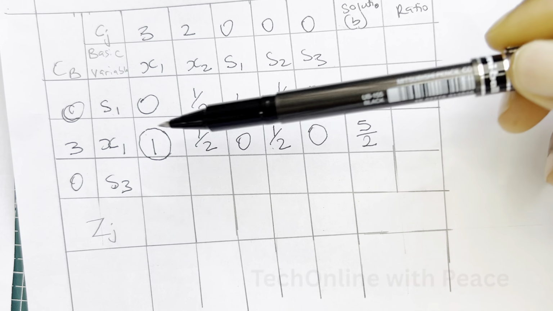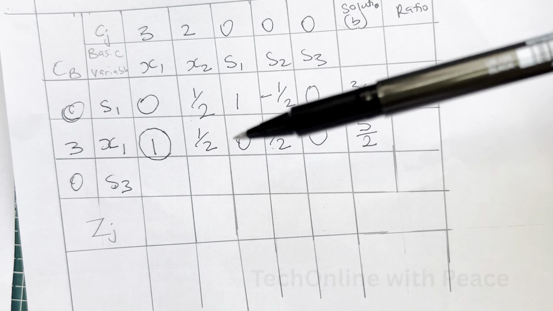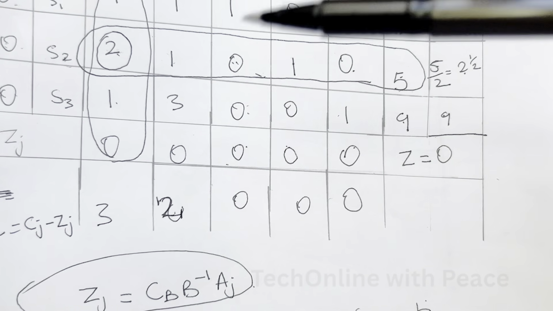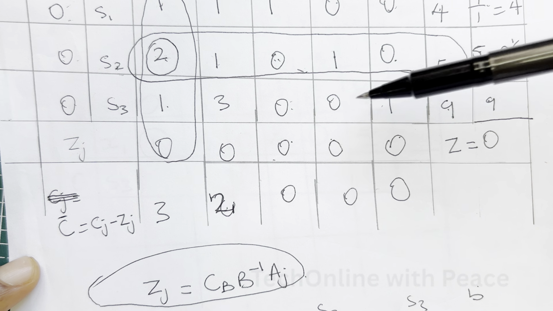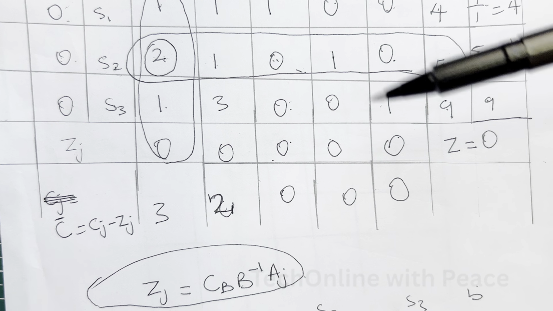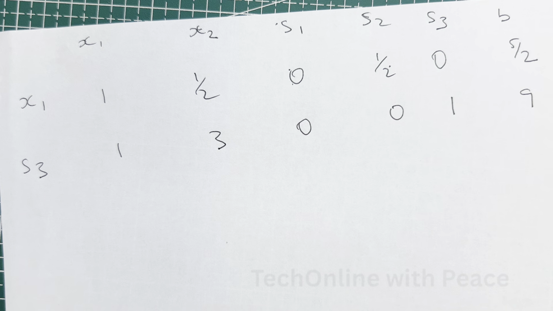For S3 here, we are still going to write everything here in our key row and consider our old values in our old table, which is 1 3 0 0 1. So we are going to write them out in order to find the new value that should be here. I've written them out.